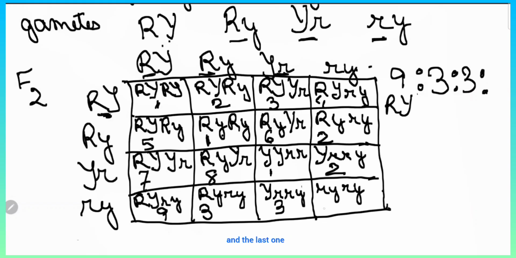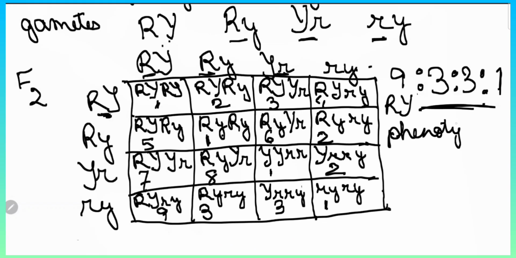And the last one which is left, this here, both the traits are recessive, so we get only one plant. So at the end of the dihybrid cross, the ratio that we get is 9:3:3:1. So this is the phenotypic ratio that we get after the dihybrid cross.